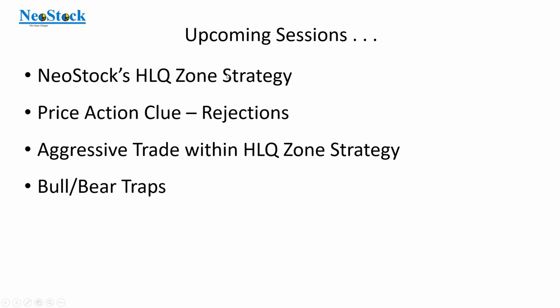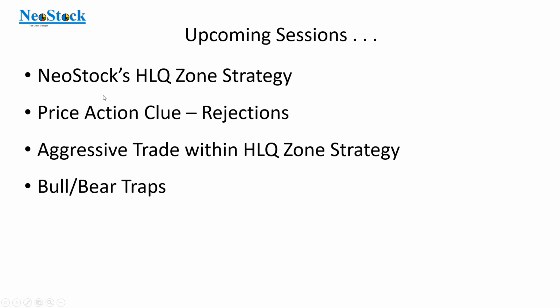So in the next upcoming session, you are going to learn NeoStock high liquidity zone strategy. In that strategy, only the high liquidity, high priority category you will be using. That means the controlling zones, trend change point zones and support resistance zones.